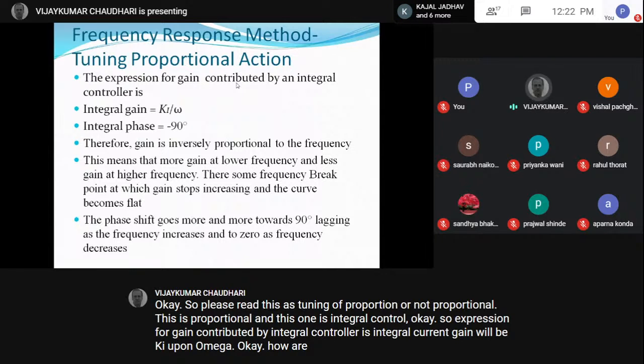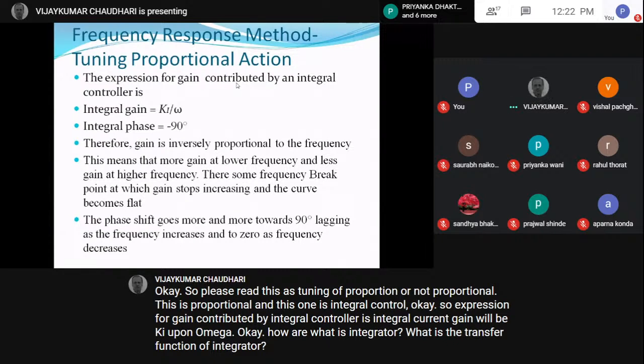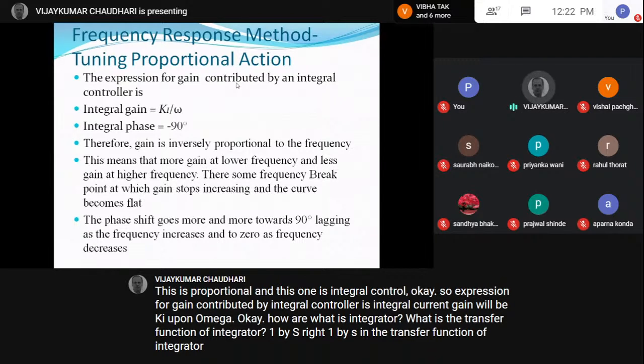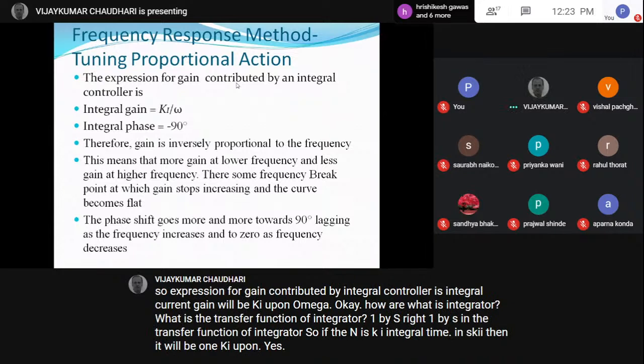What is the transfer function of an integrator? 1 by s, right? 1 by s is the transfer function of an integrator. So if the integral gain is Ki, it will be Ki upon s.